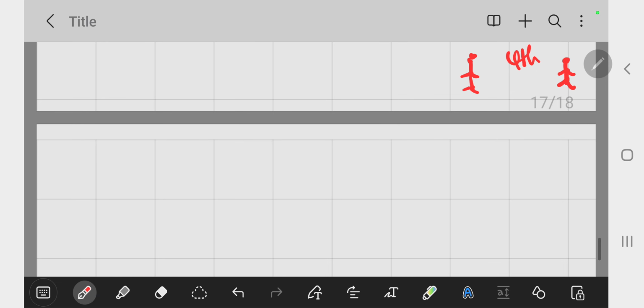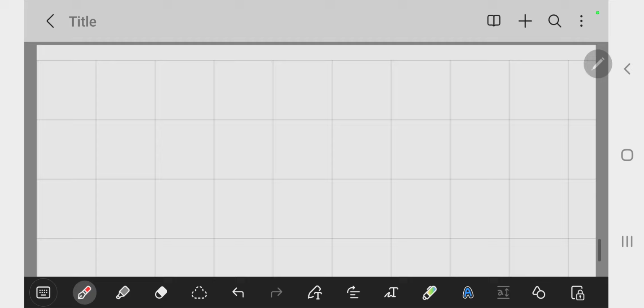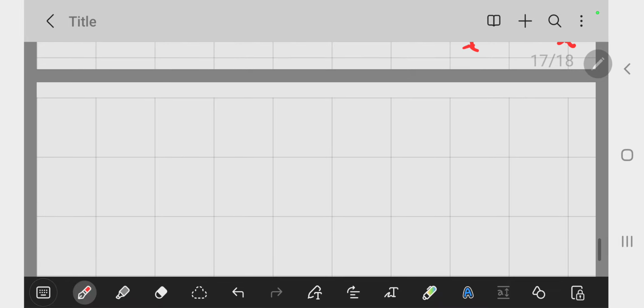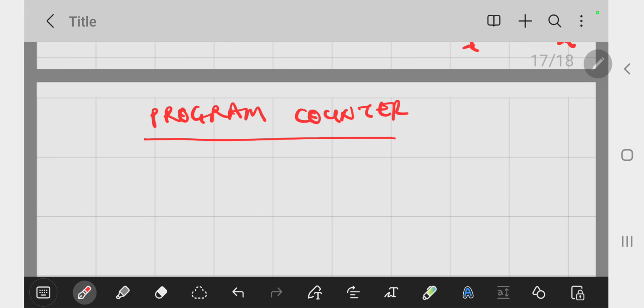So we're saying stack memory operates on the concept of LIFO, and we've now understood what LIFO means. But before we look at the example, which is going to end this tutorial video, let's go back a bit to the program counter, because it is important for us to discuss it in more detail before we look at the example.